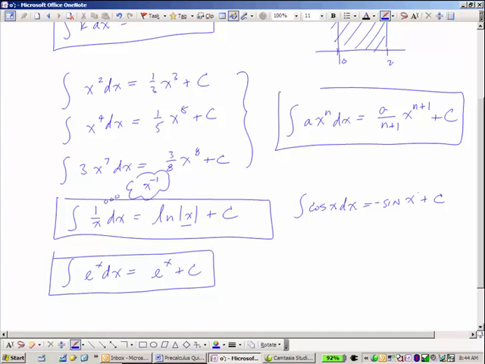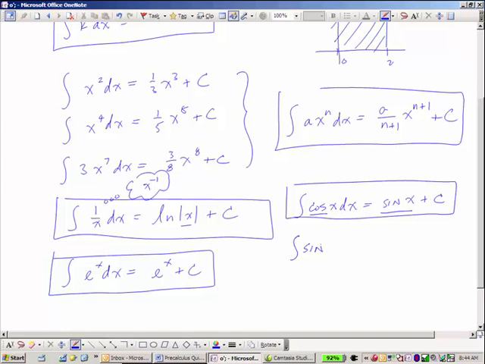Negative or positive? So this is sort of like an Algebra 1 class when your teacher always said, check your work. We can always check our work. If the function's sine x, what's the derivative of sine x? Cosine. That's where that is. So the antiderivative of cosine x is sine x. All right?